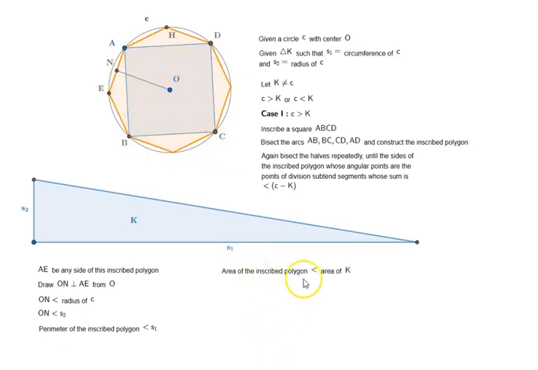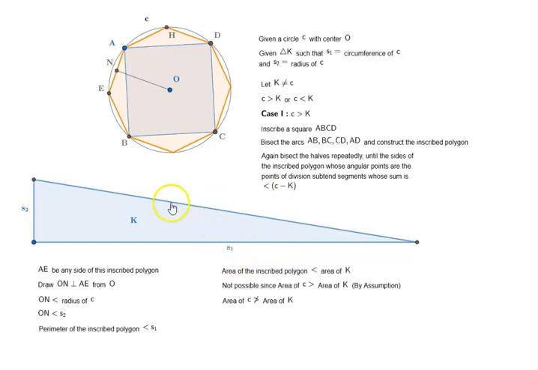So the area of the inscribed polygon is less than the area of the triangle K, which is not possible since the area of C is greater than the area of K by assumption. Because of this impossibility, we can say the area of C is not greater than the area of K. So that is our first case.